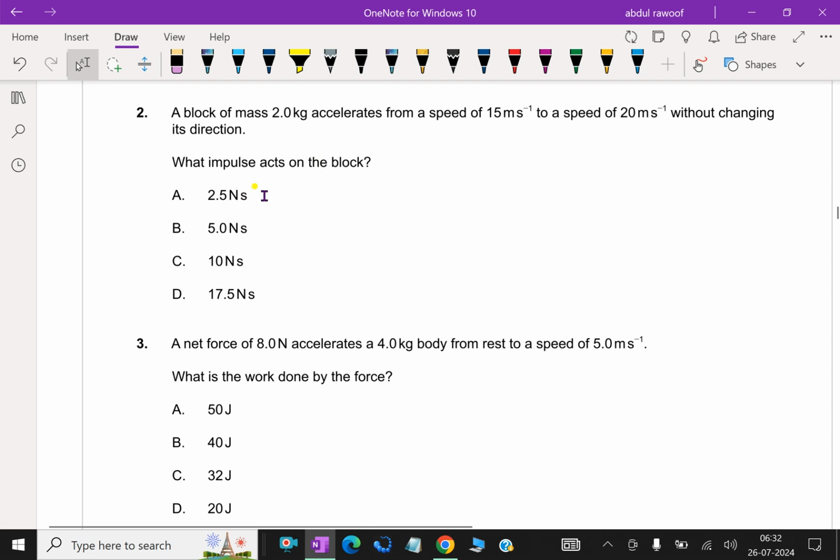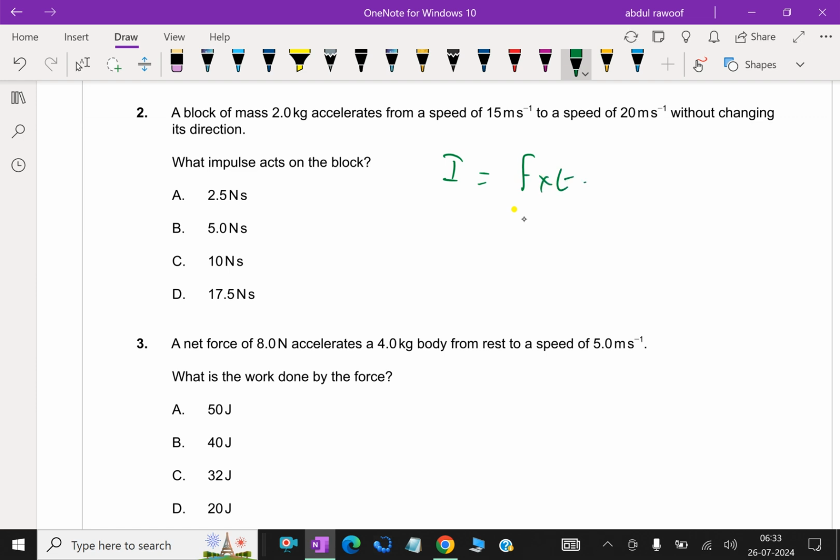A block of mass 2 kg accelerates from a speed 15 meter per second to speed of 20 meter per second without changing its direction. What is impulse acting on the block? We know that impulse equal force into time.